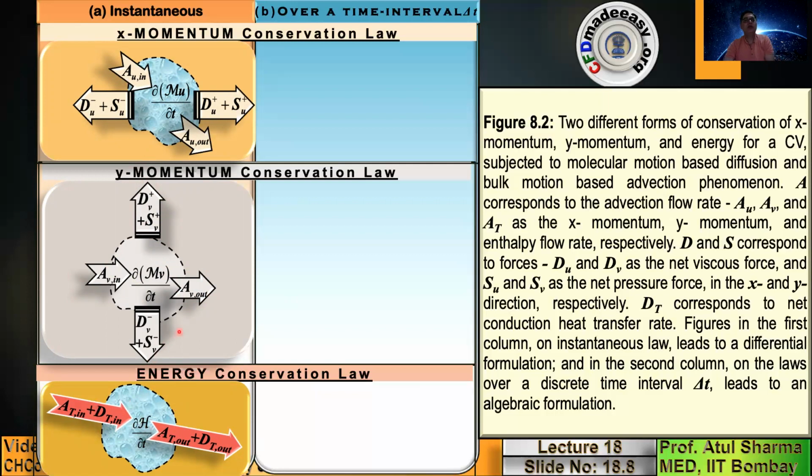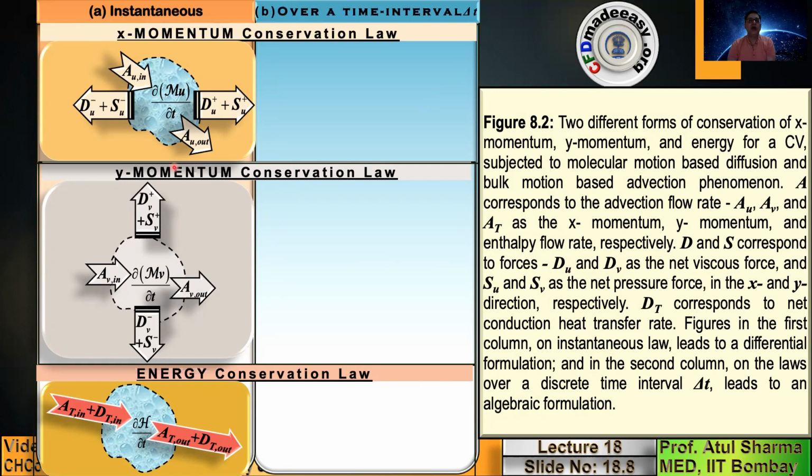Now, when we convert this into a statement which corresponds to a time interval, because I had mentioned that when you do an experiment, you do not have any measuring instrument which gives you data at each and every time. You always get data or results over a time interval. So whether it's an experiment or a computation, we always get data which are discrete. So we should use a form of the conservation law which is discrete in nature.